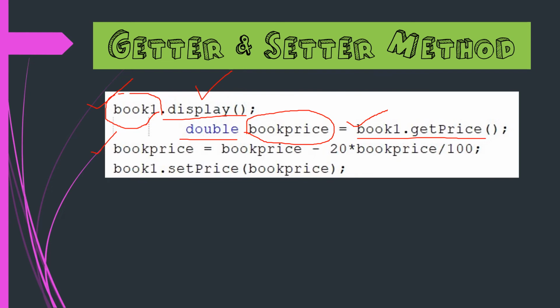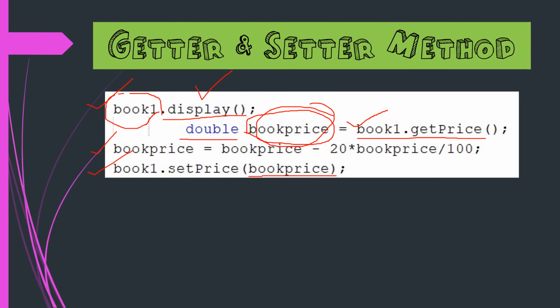After it, we have book1.setPrice(bookPrice). So in this statement we are using the setter method, and what are we setting? We are setting the value of price. And what will be that value? That value will be the book price. Meaning from here, from the book class, we will retrieve the value, and this value will be equal to this book price.